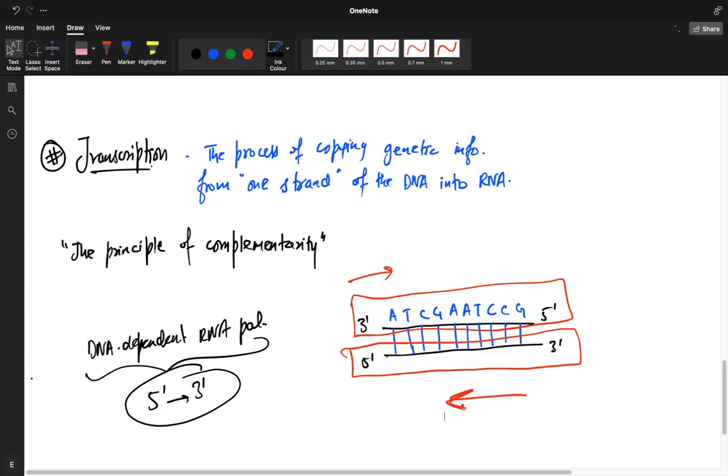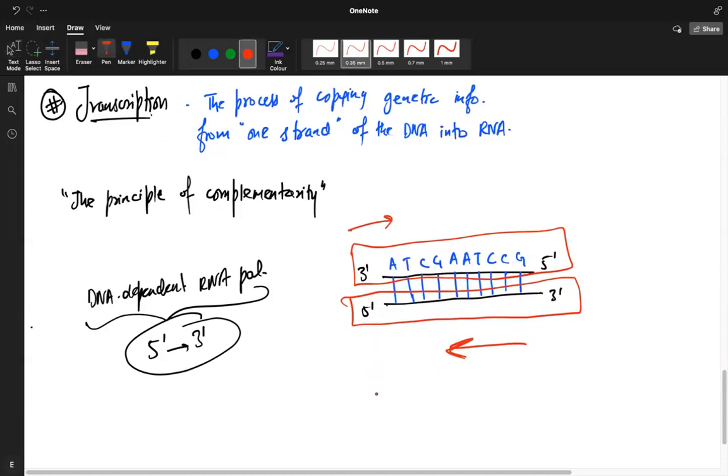So once both the strands are open, you are free to choose any of the strands and still continue working in the direction you want. Don't you think so, Iram? It was a very good point brought up by you, but that is not a limitation here. Do you understand what I'm trying to say? Once both the strands are open, you are free to go in 5' to 3' direction on any strand.